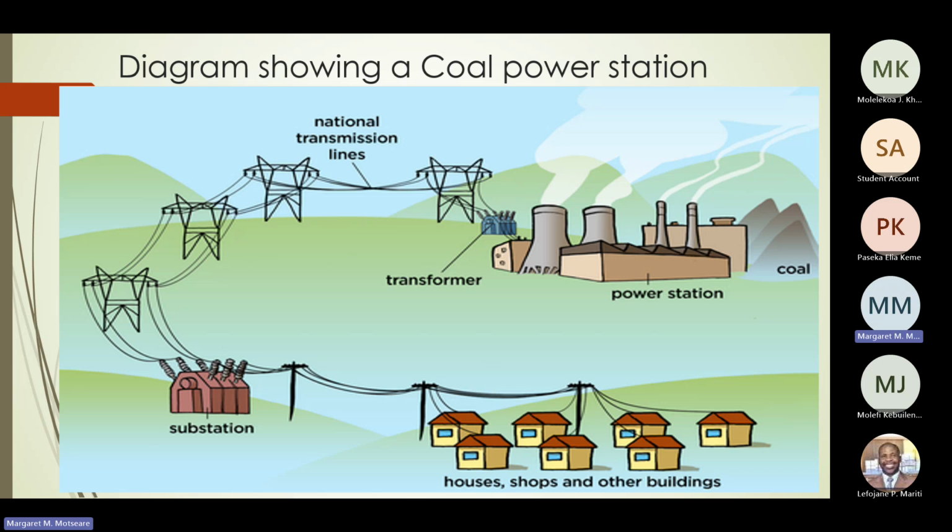The voltage here is very high because it needs to move long distances to the different substations. And when it reaches those substations, that is when it is decreased to 230 volts, and then it is transmitted to our houses. Here are the houses. It goes to the shops, to other buildings, or the factories where it is needed.